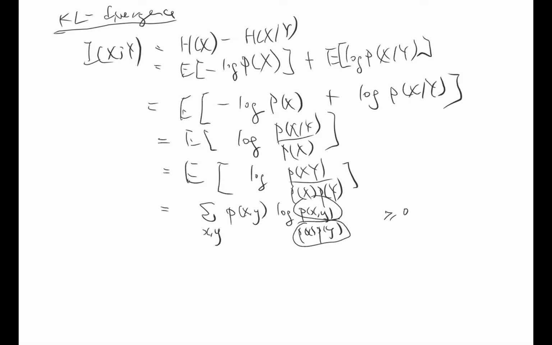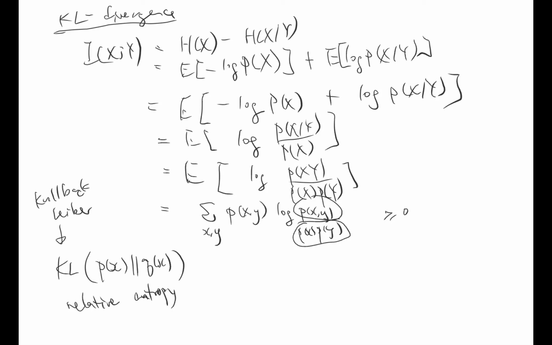Now we can prove that mathematically by introducing the KL-divergence. We make it more general now. We define the KL-divergence between two distributions. If I have a distribution for x, say p(x) and q(x), I define the KL-divergence between p(x) and q(x), which stands for the Kullback-Leibler divergence, or in more old-school information theory textbooks, it is also called relative entropy.